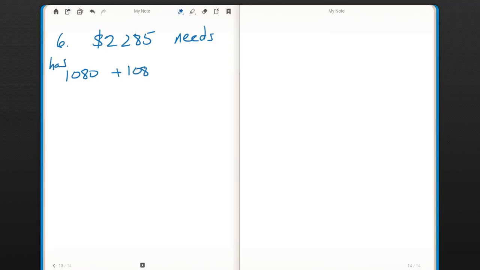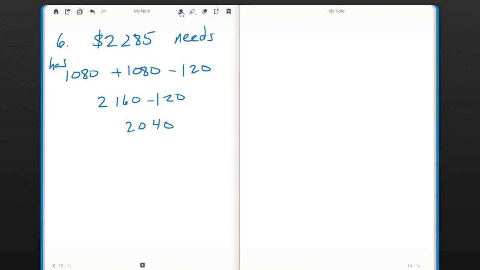And again, I would probably do this just by adding the $1,080 and then subtracting what her mom gave her less than that. So altogether, what she has is $2,160 subtract 120, or $2,040.